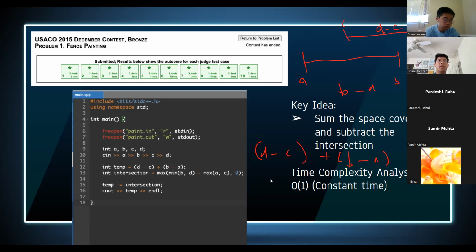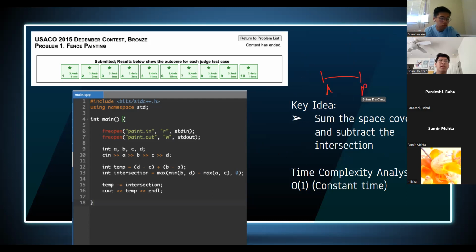So let's look at the intersection here. It's just basically this box, right? So I'm going to subtract the intersection. The ambiguous part of this problem that we haven't mentioned yet is how you're going to find the intersection. Well, that depends on the placement of A, B, C, and D. Here's the intersection over here.